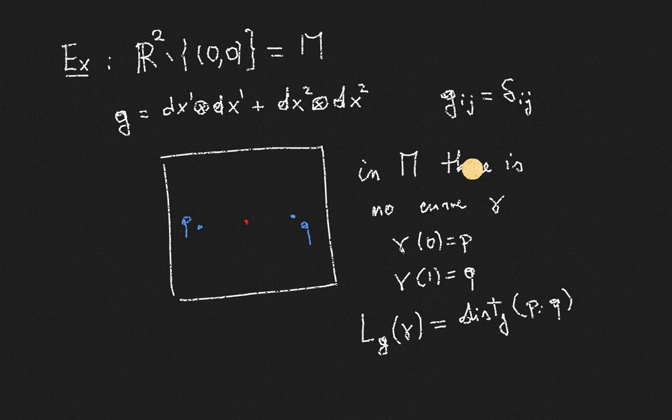Obviously, because every curve has to go around the origin a bit, and so you never have the proper distance between P and Q. Maybe we will talk, we will almost surely talk more about this later on, but for now, just an observation.